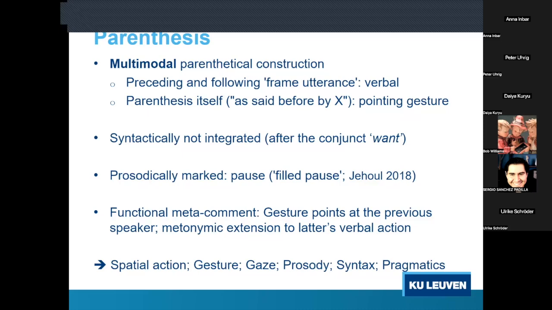So what we have to observe here is that it's very much a spatial action which is unfolding. There is gesturing, there is gaze, there is prosody, syntax, and pragmatics being integrated. And that would be a good candidate for a multimodal construction, which could be labeled a multimodal parenthesis. Okay.